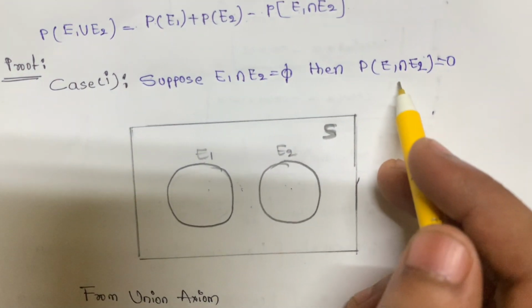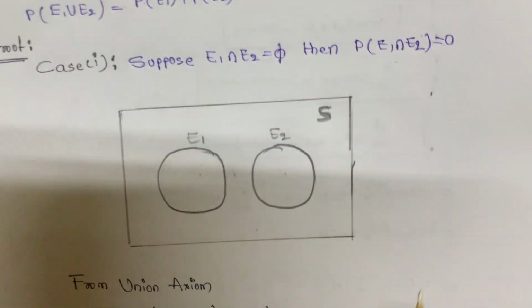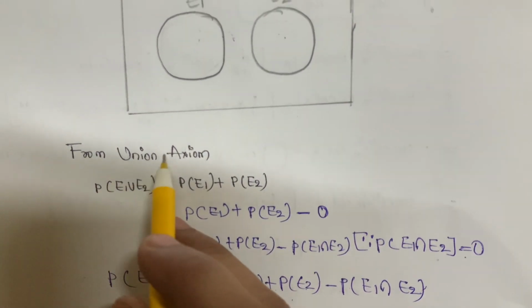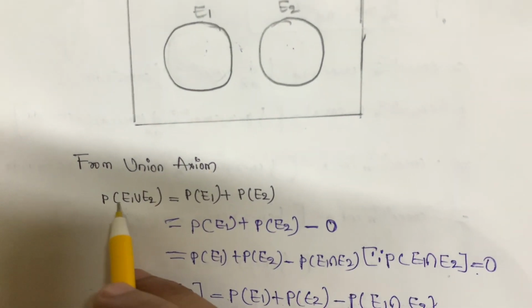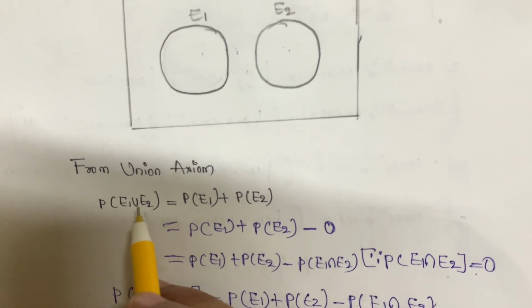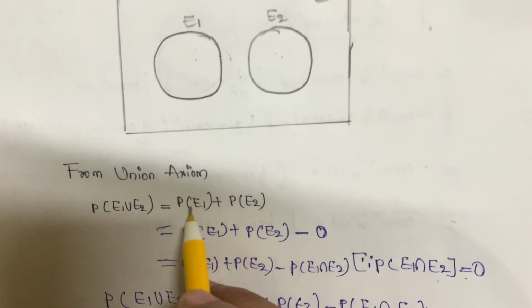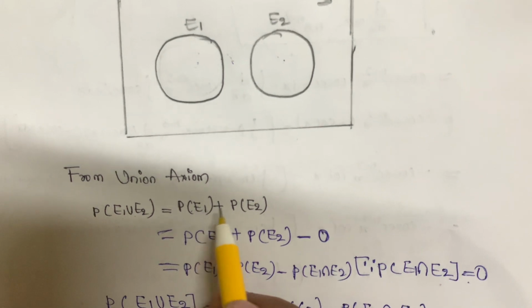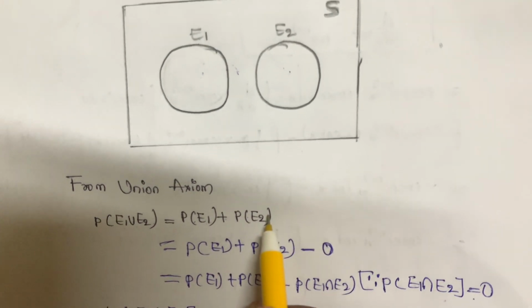Then probability is 0. From the union axiom formula, we are writing that probability of event E1 union E2 equal to probability of E1 plus probability of E2.